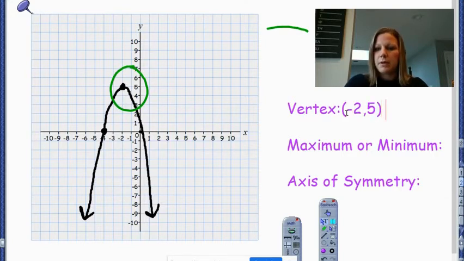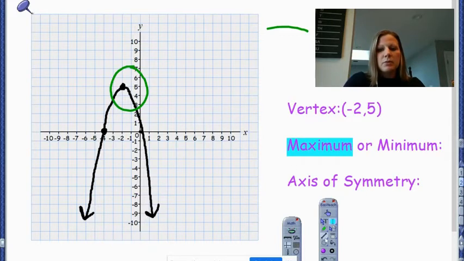We write that as an ordered pair. Is that a maximum or a minimum point? On this parabola, since the parabola is opening downward, that is going to be our maximum point. So it is our maximum.